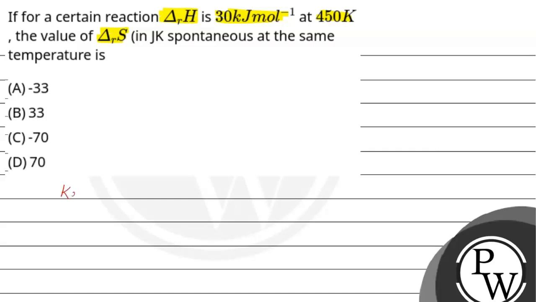So, first let us understand the concept involved in this question. The key concept involved in this question is delta G, that is change in free energy, and its relationship with delta RH, that is change in enthalpy of a reaction, and delta Rs, that is change in entropy of a reaction.